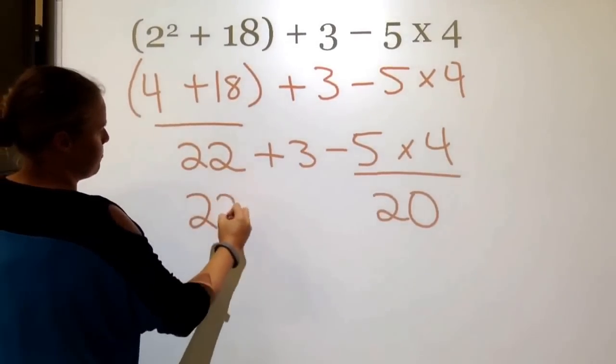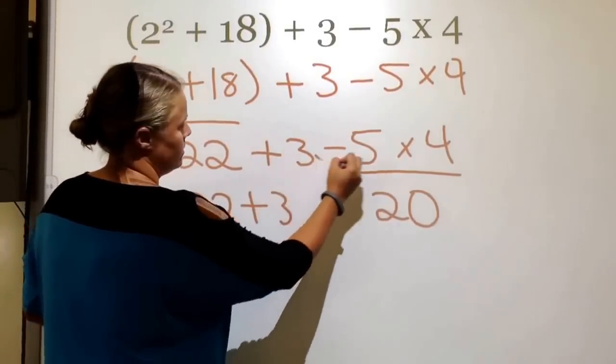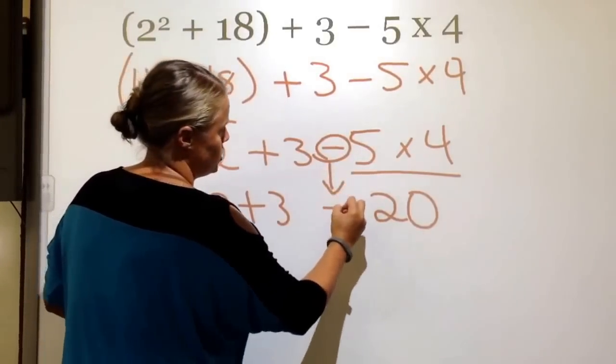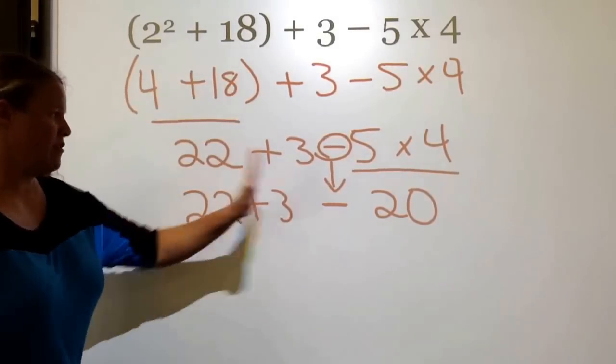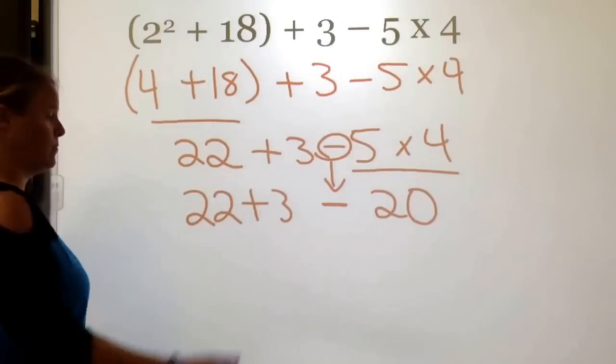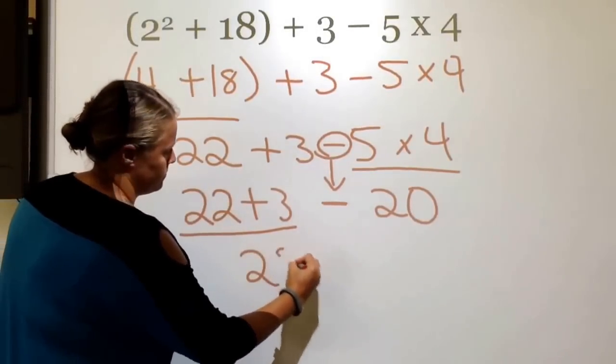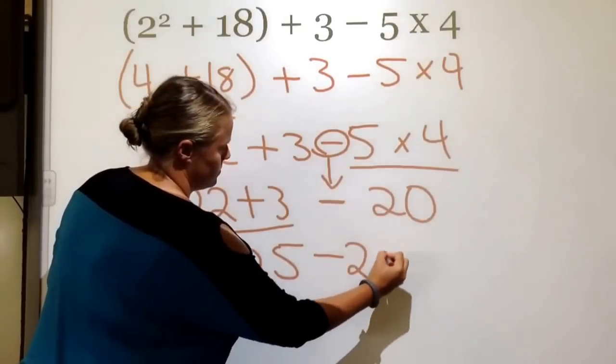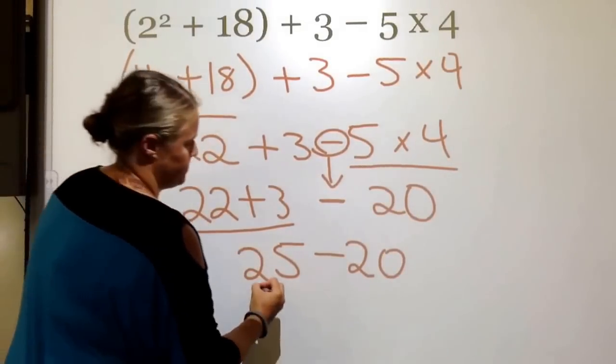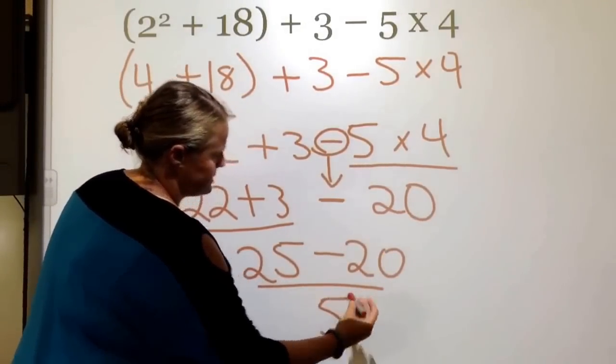And bring the rest of my problem down, including the operation. That comes down too. You can't forget it. So now we have a plus, adding and subtracting. Adding is coming first in the problem. That's the first we're going to do. And then it ends up with 5.